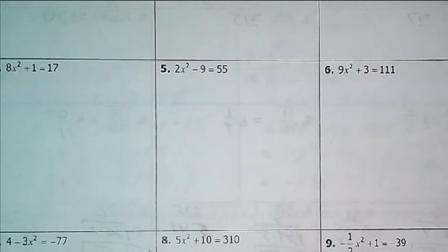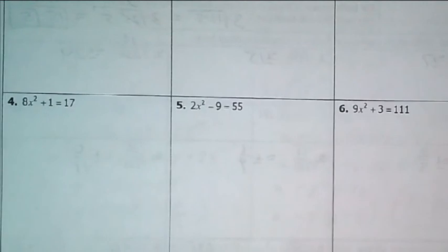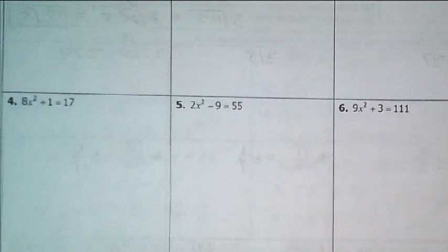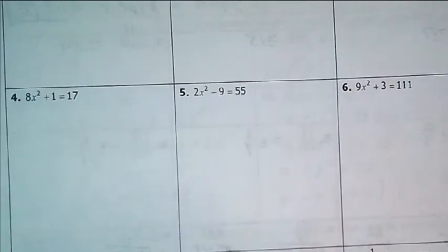No. There's no x terms. Standard form involves an x value, right? Well, there is no x value on these. So these are problems where we could use square roots to solve it.